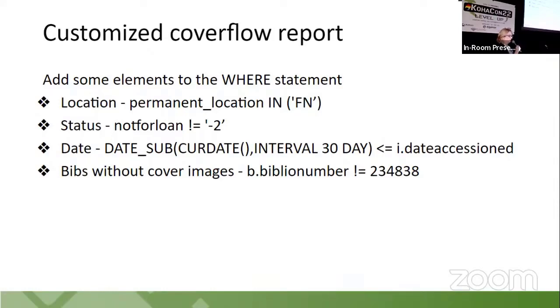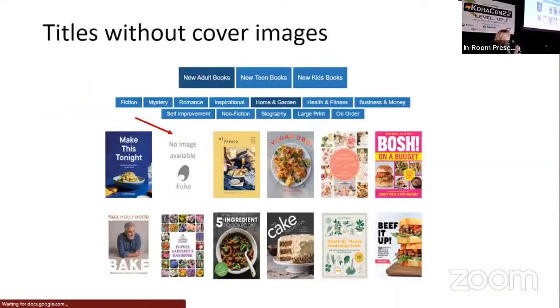And then we are not a fan when an item doesn't have an actual cover. It doesn't happen a lot, but it happens some. And I found out that there's a way to get rid of that.